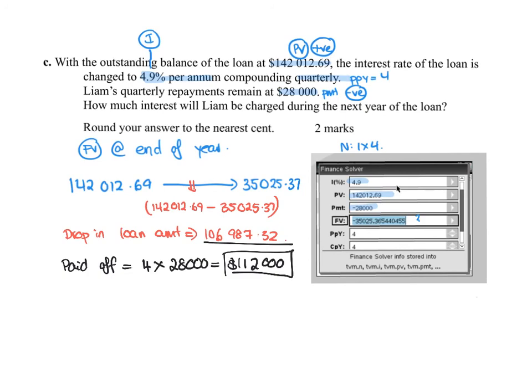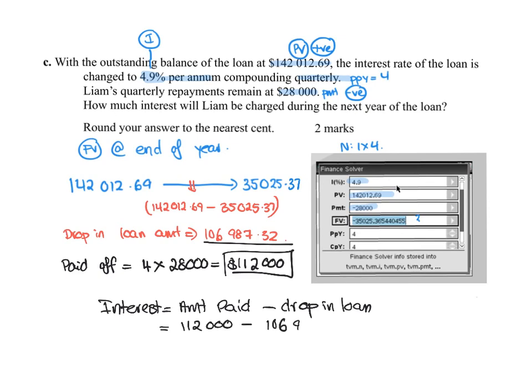So the difference in that, interest equals the amount paid minus the drop in value of the loan. So it'll be 112,000 minus the 106,987.32, which equals 5,012.68. Sorry, that was the interest. So there's the interest that you were charged in the year.